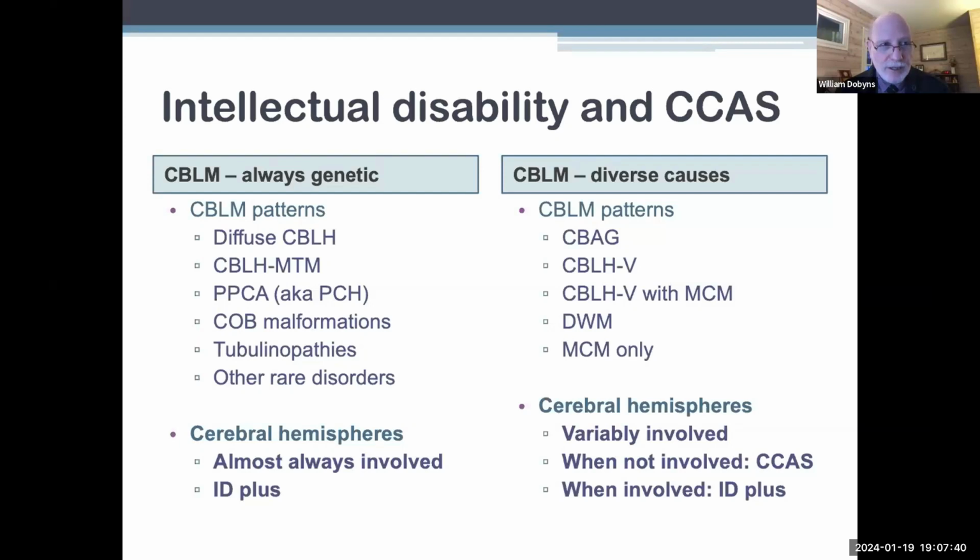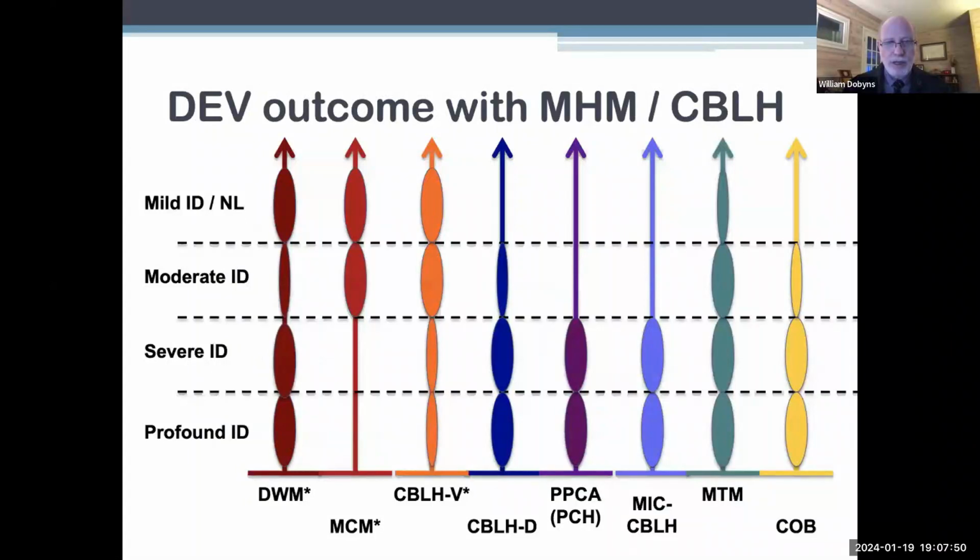And then genetic testing. No surprise, positive genetic testing is associated with a much worse developmental outcome. Yes, so really this is the same message. The genetic forms seen on the right have a worse developmental outcome. The others are more common types that can be caused by either genetic or, more commonly, non-genetic factors.